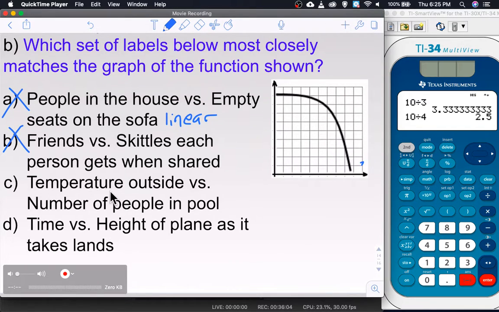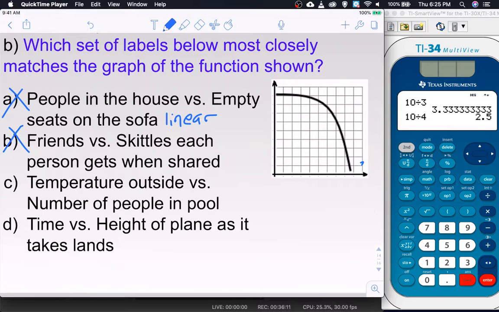Letter C, the temperature outside versus number of people in the pool. It's hard to tell. Well, let me think. If it's 0 degrees outside, how many people do I expect in the pool? Probably 0 people. If it's 0 degrees, I expect 0 people in the pool because that's really cold.